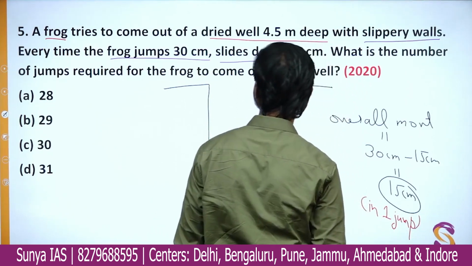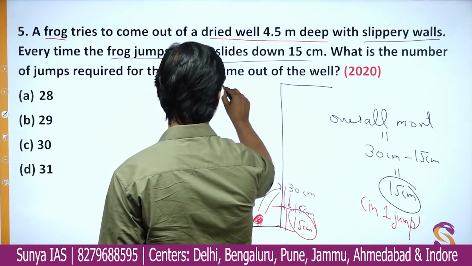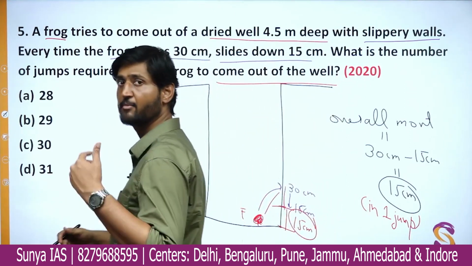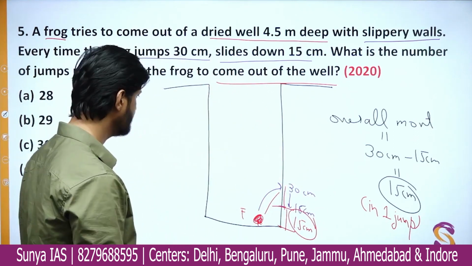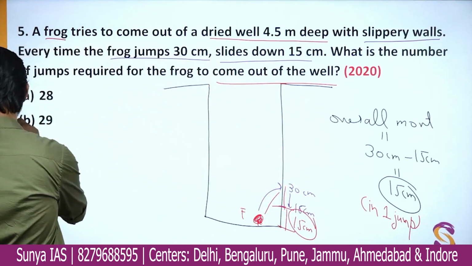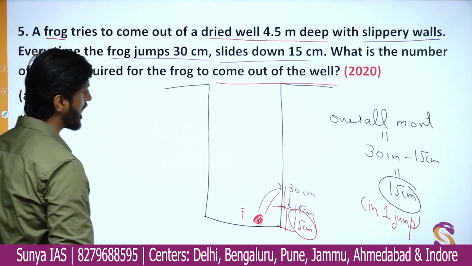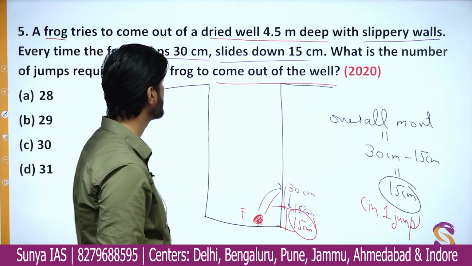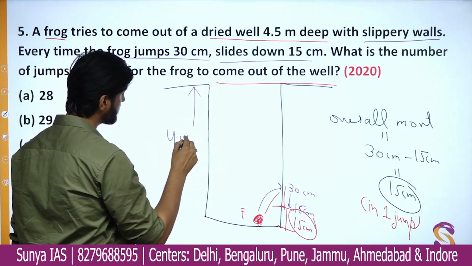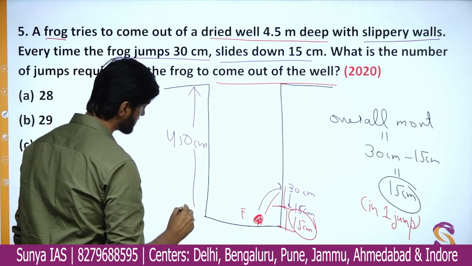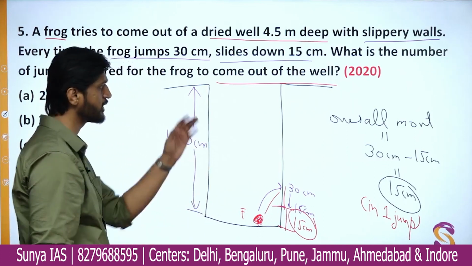And what he is trying to do, he is trying to come out of the well, so we have to find the number of times he will have to jump. So that is the question. Here you have to just find out in how many jumps he will actually come out of the well, which is 4.5 meters or 450 centimeters deep. So let us convert all the things in centimeters, in one unit.